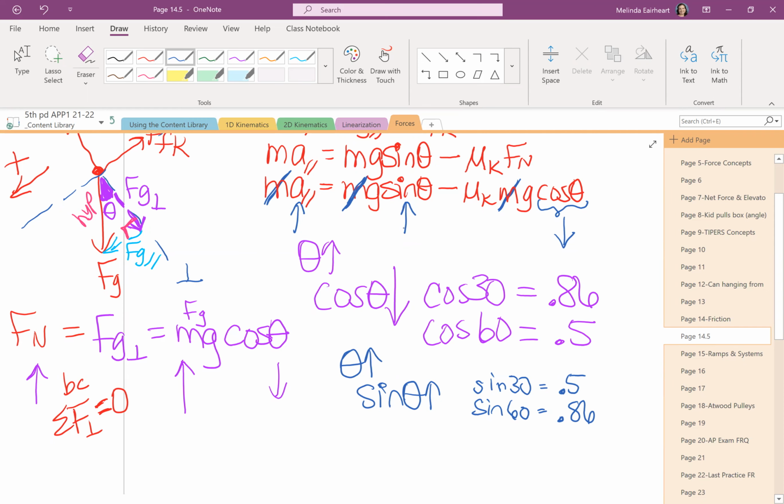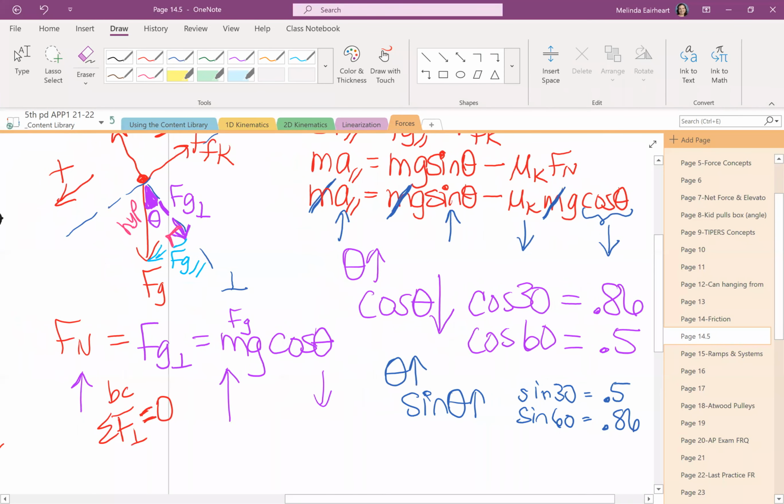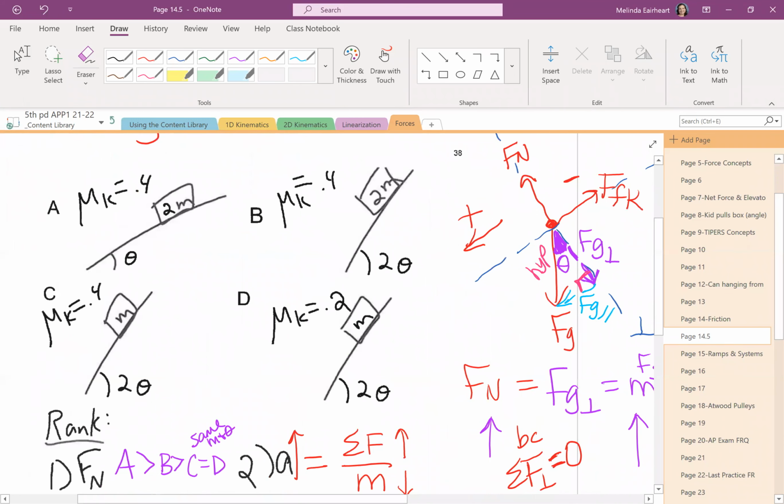Who's going to accelerate more with more friction or less friction? You know this. Less, okay? And so, based on that, not based on mass, it's based on the angle and your coefficient. So we want the greatest angle and the smallest coefficient.